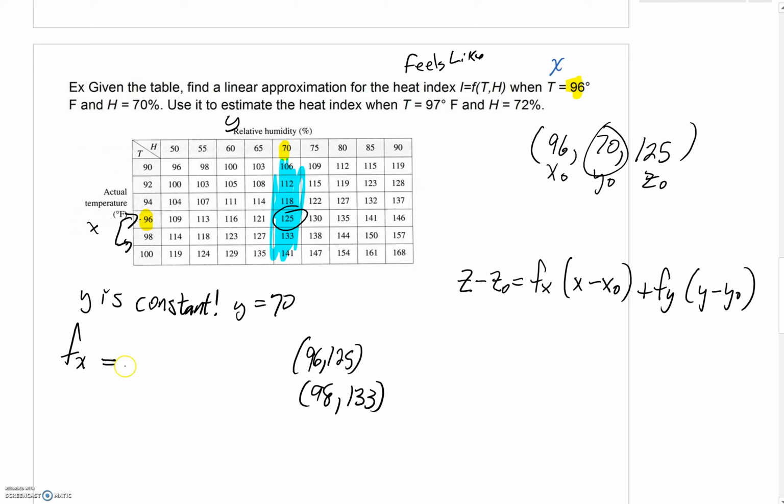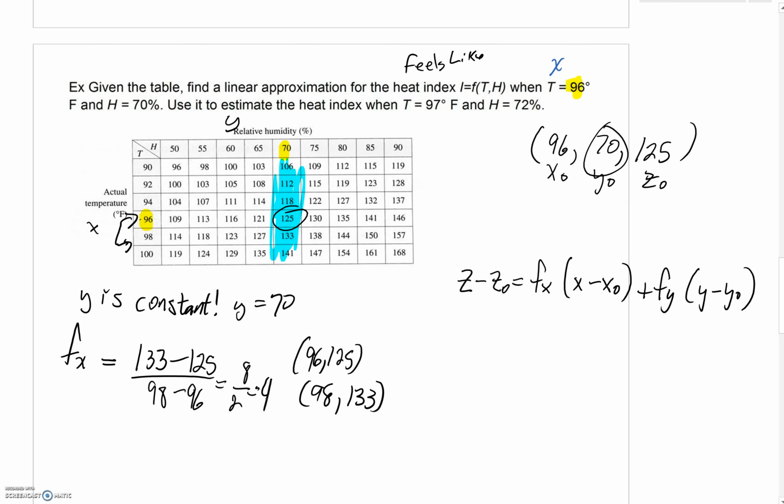But what I'm going to do is take y2 minus y1 all over x2 minus x1. And you can see where we're going with this. 133 minus 125 is an 8. That's 8 over 2. That's a 4.